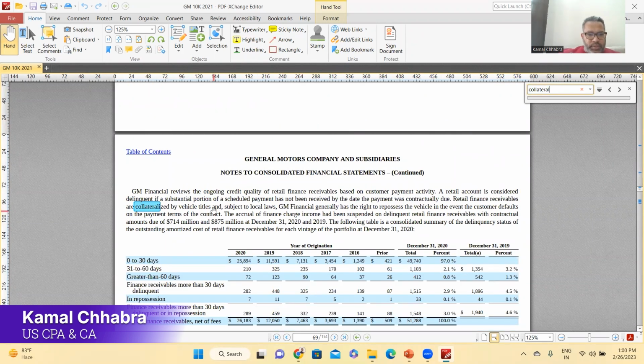So here, if you see, the GM Financial review is the ongoing credit quality of retail finance receivables based on consumer payment activity. A retail account is considered delinquent if a substantial portion of the scheduled payment has not been paid. The retail finance receivables are collateralized by the vehicle title. Like this is GM Financial, right? GM Financial gives loans based on the vehicle, so vehicles are collateral to them.